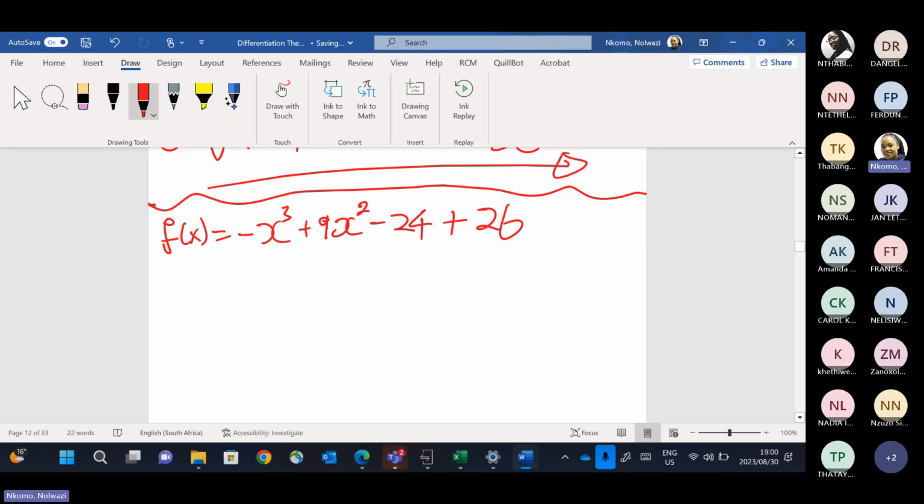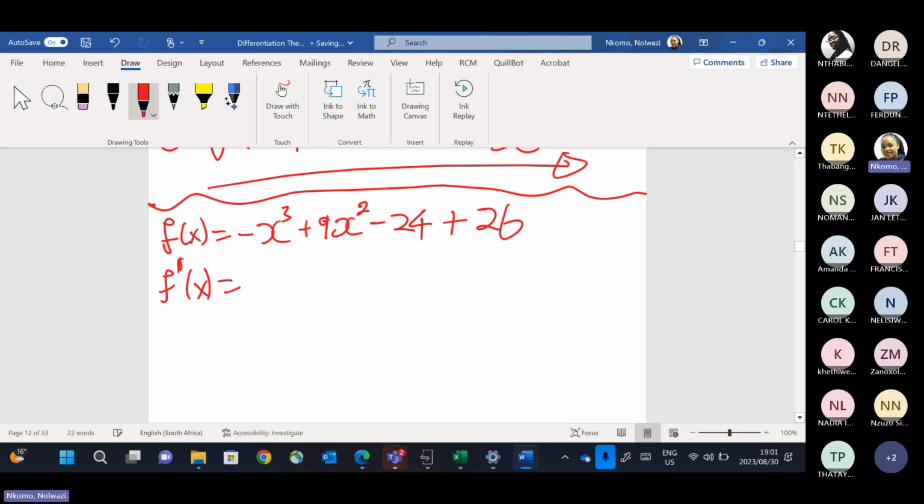Suppose you are given this function and we are asked to determine whereby this function is increasing or decreasing, right? We said the first part is to find the maximum point and the minimum point. But to find the maximum point and the minimum point, we first have to determine the first derivative.